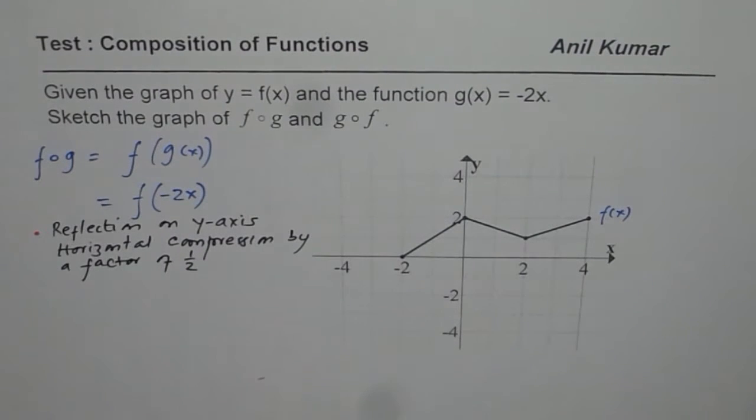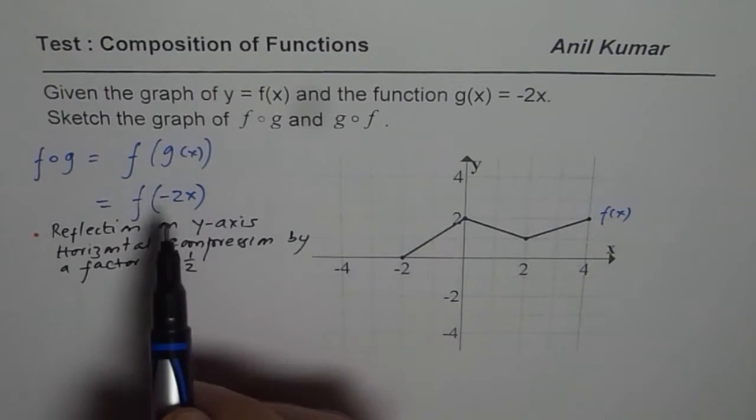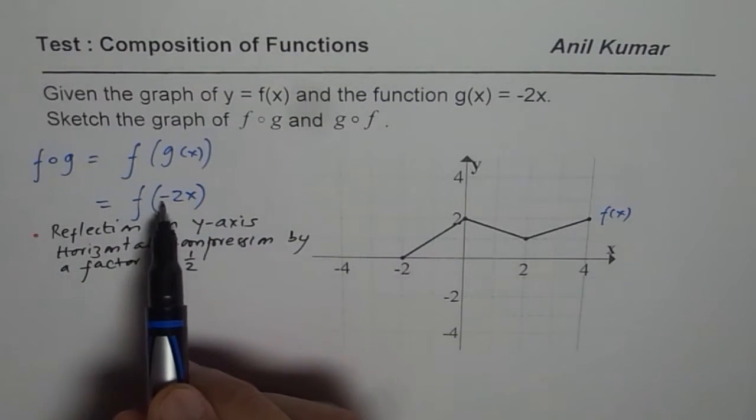So that is what it is. So whenever you do f of g, then what is the effect? Effect is horizontal. This is kind of very critical to understand, right? So now let us sketch and see for ourselves how it will look. So when I do f of g, I have to reflect it and then compress it.